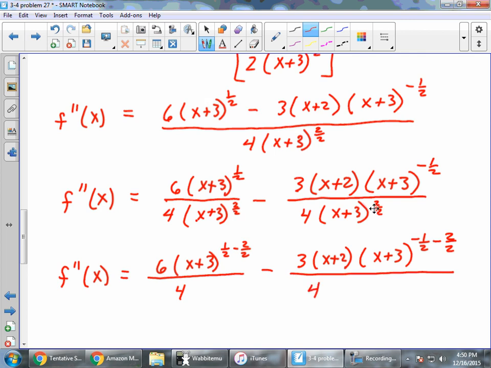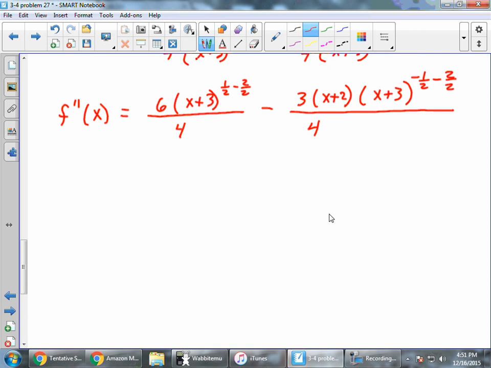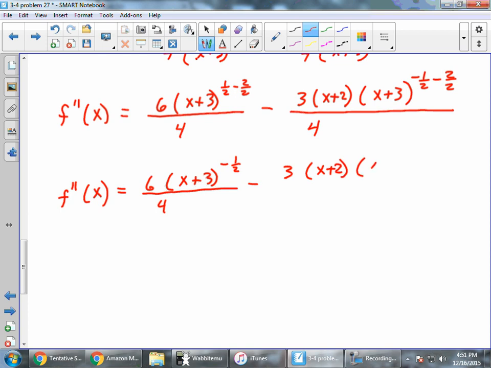And we'll clean these up a little bit more. Don't panic. So now we have f double prime of x equals 6 times the quantity x plus 3. 1/2 minus 2/2, that's the negative 1/2, still over 4, minus 3 times x plus 2 times the quantity x plus 3.